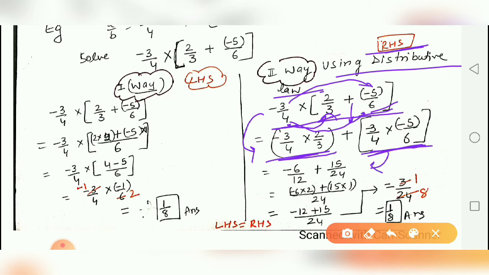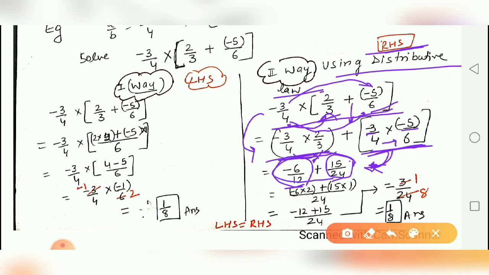Negative 3 into 2 will be negative 6 and 4 into 3 will be 12. So negative 6 by 12 is the answer of this bracket. Similarly, negative 3 multiplied by negative 5 is 15 and 4 multiplied by 6 is 24, and this is the answer of this bracket.